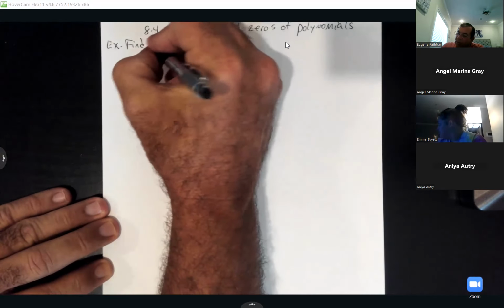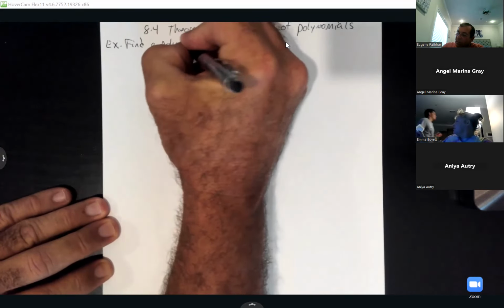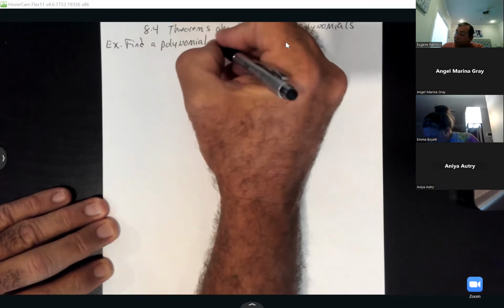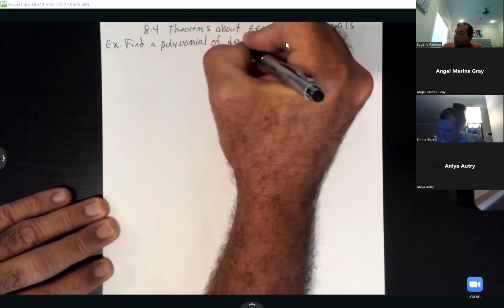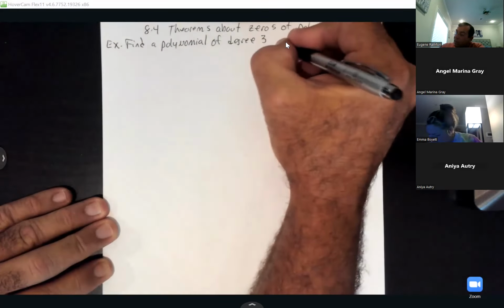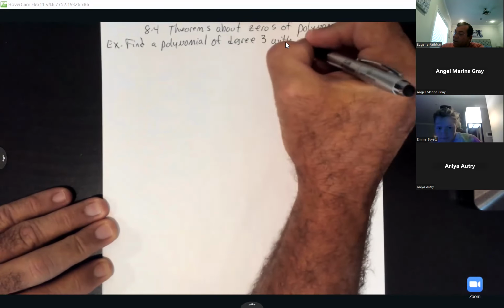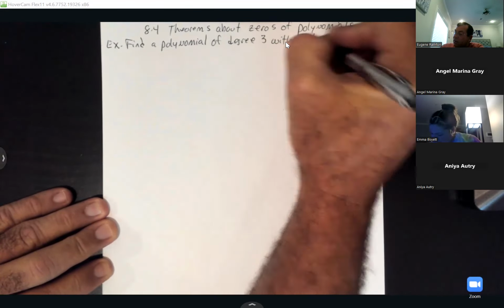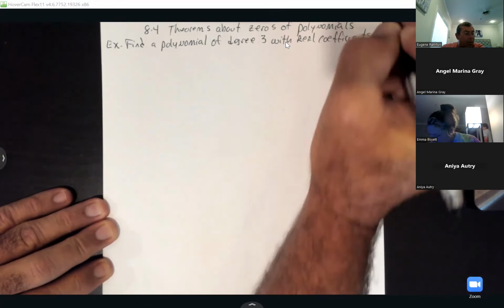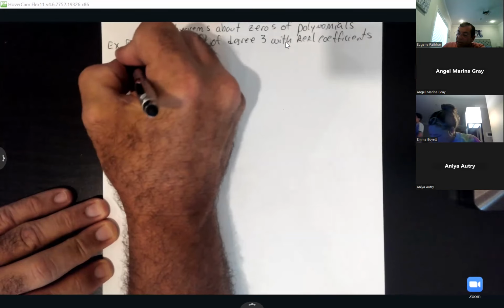they want to find a polynomial of degree 3 with real coefficients that has the given zeros.